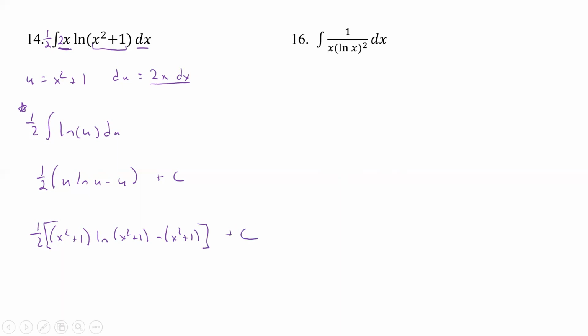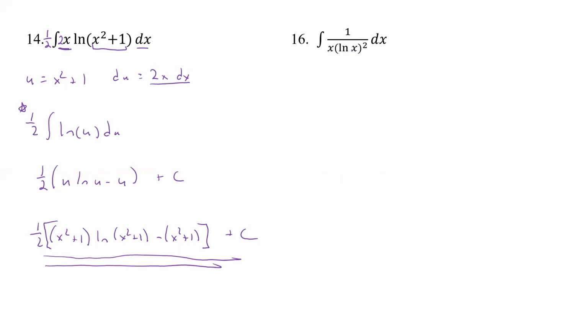Now I could also put this whole thing over 2. That might look better, but at this point in time, I think this would be fine. Again, all we'd have to do is write this piece in brackets over 2, and that might look a little nicer.